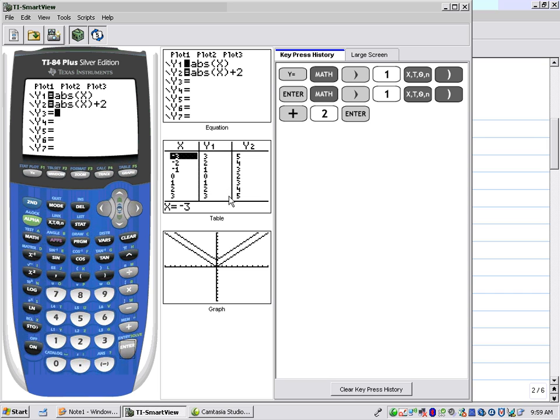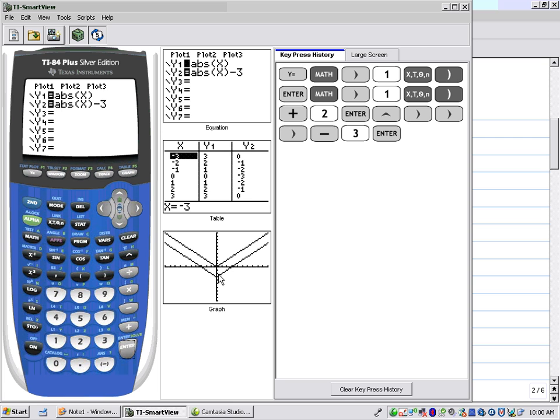What happens if we do the absolute value of x - 3? So now let's go back up here and change this. Okay, and let me press enter. Did you see what happened now? This is our original absolute value, but now absolute value of x - 3, what happened?